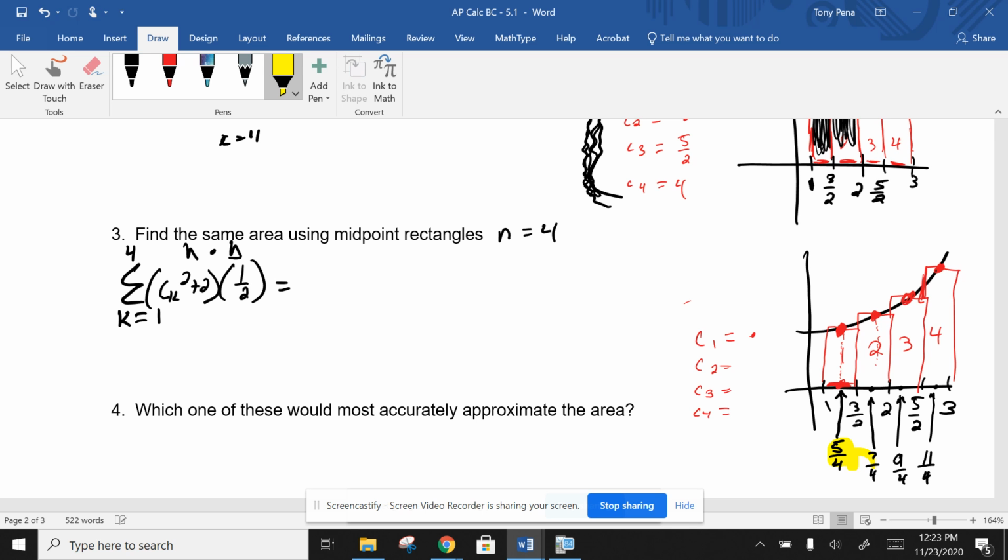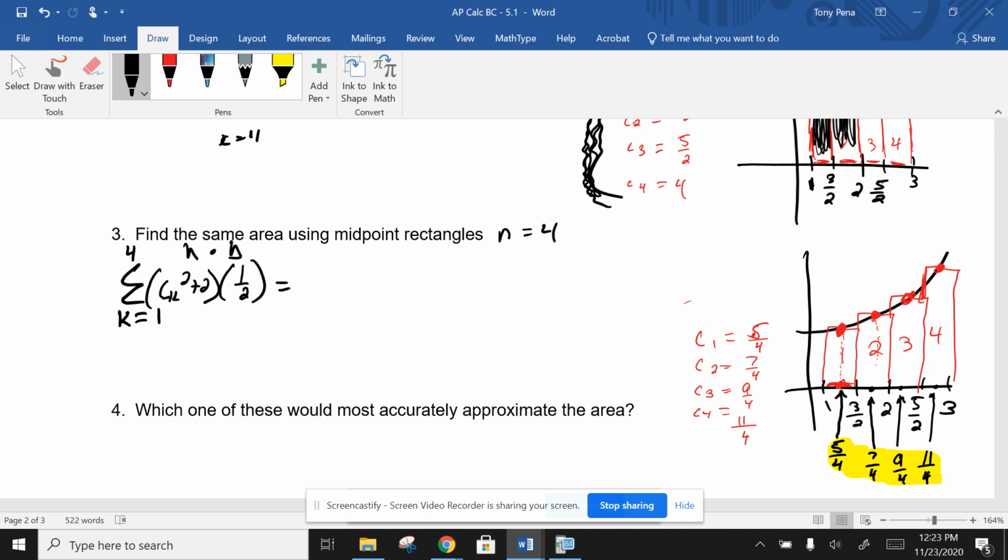So these are the midpoints where we're touching our curve. So that is what we want to be using to figure out the height of all of these. Any questions on understanding this?